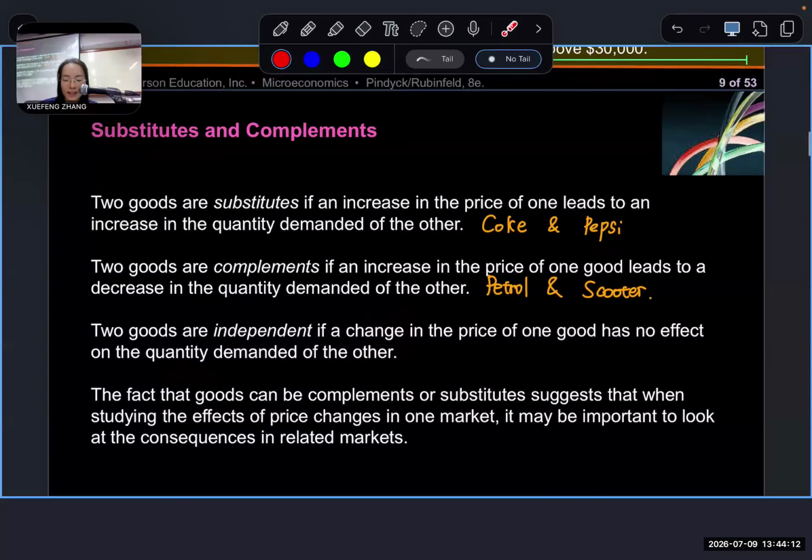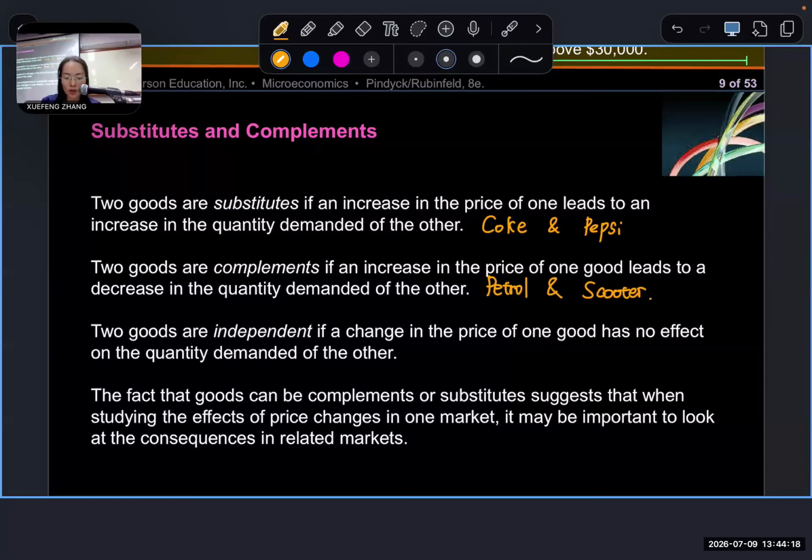Here it is about the cross price effect, because we have two goods. The idea is that if the price of good A increases, what will happen to the quantity demanded of good B?